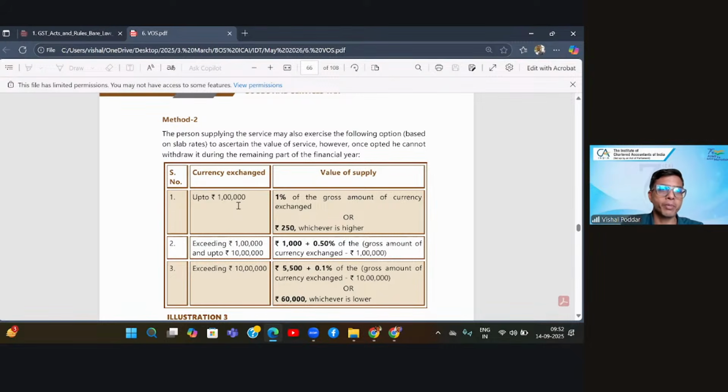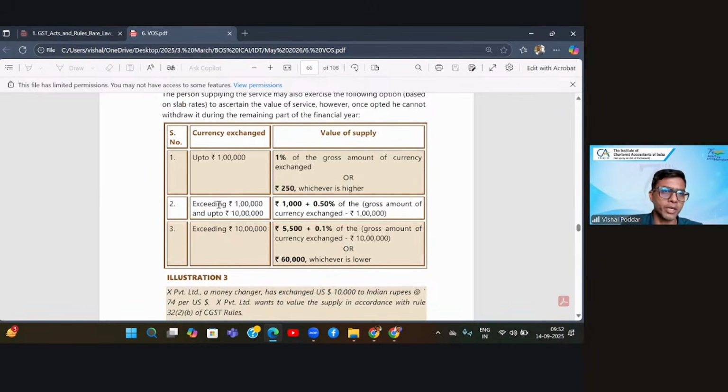So how will the valuation be done by this method? Out of the 90 lakh rupees, for the first 1 lakh, the value is 1%. So 1% of 1 lakh comes to 1000. Now they have said 1% or 250, whichever is higher. When will this 250 come into the picture? If I have exchanged a very small amount, not exceeding 1 lakh. But my amount is exceeding 1 lakh, it is 90 lakhs. So for the first 1 lakh at 1%, it is 1000.